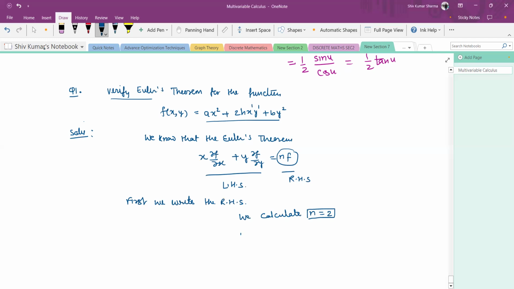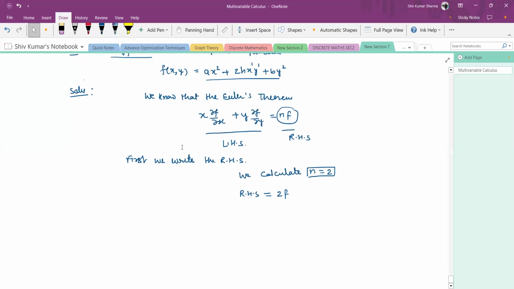So the RHS part will be 2 into f. F means the given function. Okay. So now we need to prove the LHS part will be equal to 2f. So now we take the LHS part, that means x del f upon del x plus y del f upon del y.